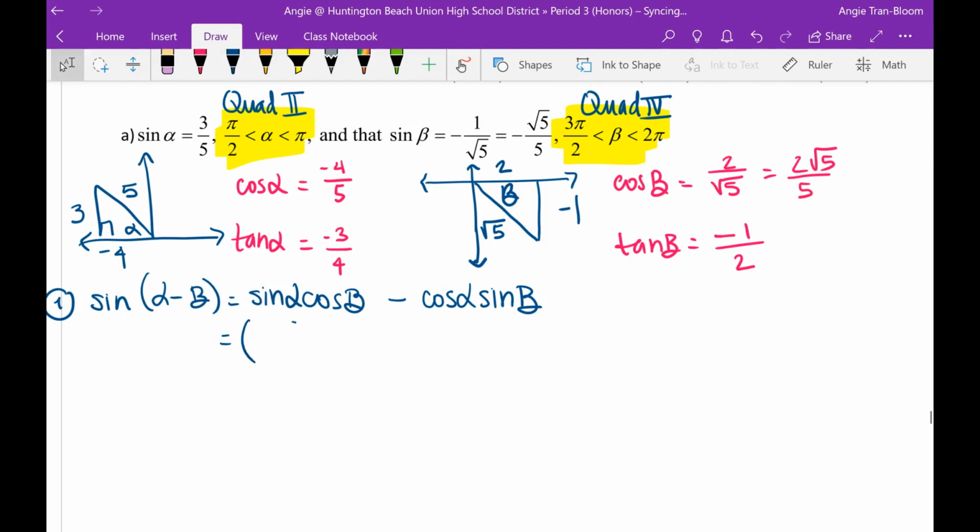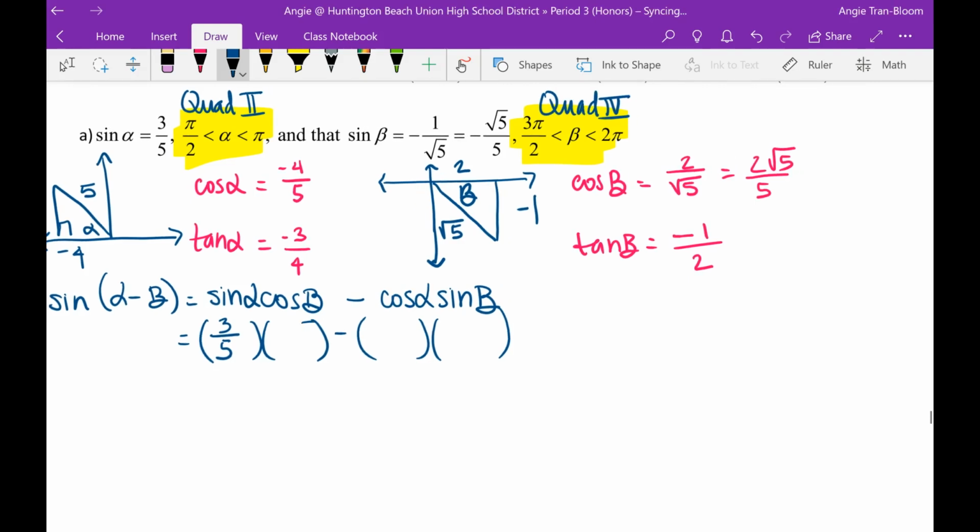Sine of alpha we know, cosine of beta we know, cosine of alpha we know, and sine of beta we know. So sine of alpha, what was that, Amy D? 3 over 5. Cosine of beta. Amy Z, what was that? Yeah, so we don't have to rationalize, right?